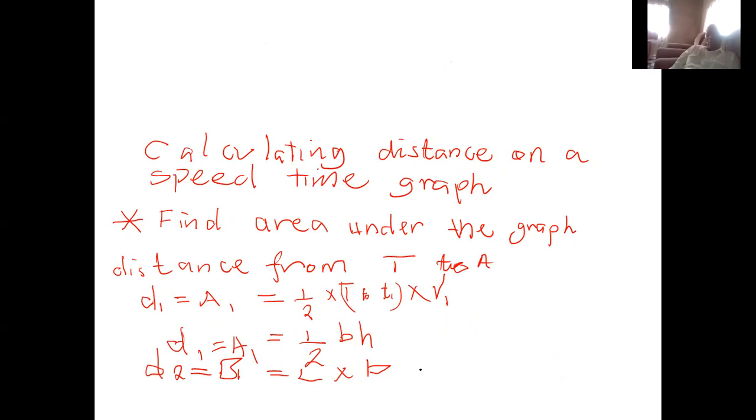Okay, this is where the speed was constant. Then you can also find distance 3, which is equal to the area under the curve, which is C1, by calculating the area of the triangle, which is half multiplied by base times height.